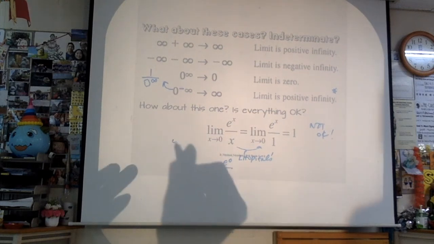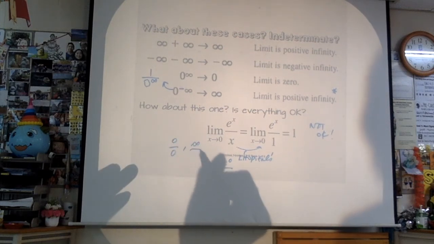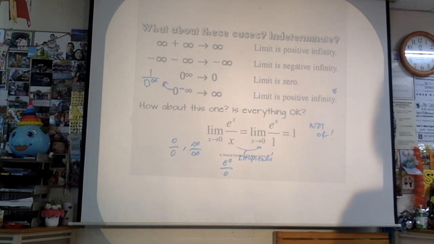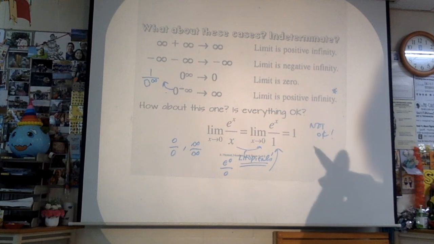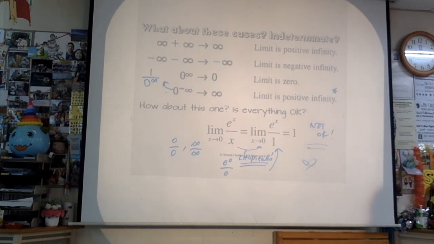Is this a 0 over 0 or infinity over infinity case? No, it's not. So it's ineligible, okay? So remember, the hypothesis has not been satisfied for L'Hopital's. So you can't just go ahead and do that, okay? So it's not okay. All right? Remember, the first thing you have to do is always check to see if L'Hopital's is even eligible for you to use L'Hopital's rule, okay?